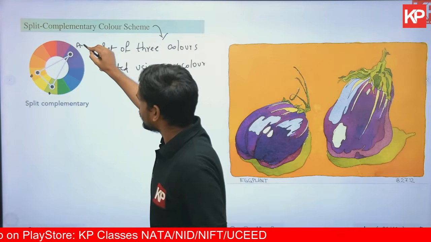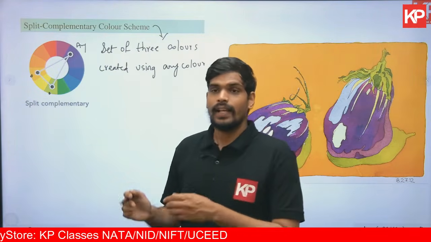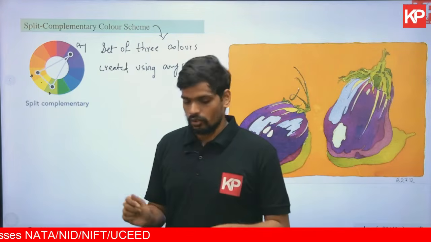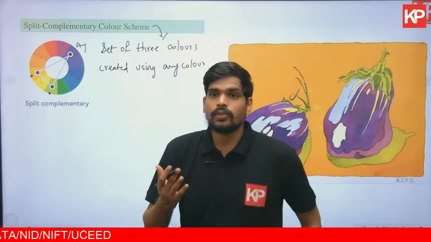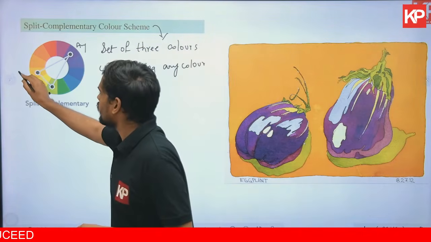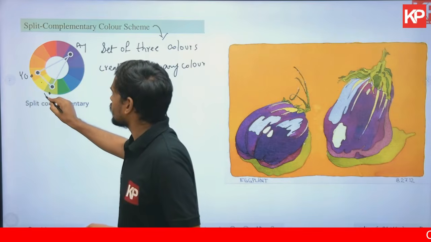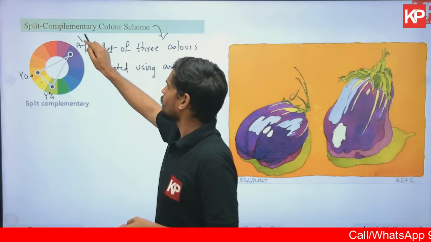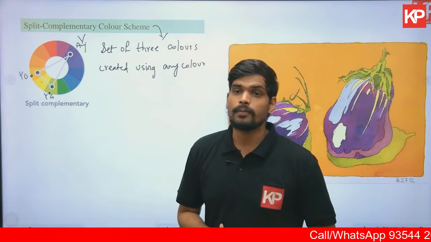Select any color. So any color over here, this is violet, and then look into its opposite color. The opposite color is yellow. Don't select that opposite color, but select the two colors on either side of that yellow. So here you have yellow orange, and here you have yellow green. So yellow green, yellow orange, and this violet over here, these three together will form split complementary.